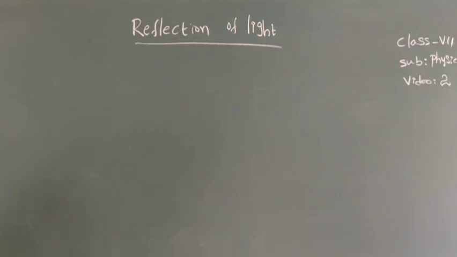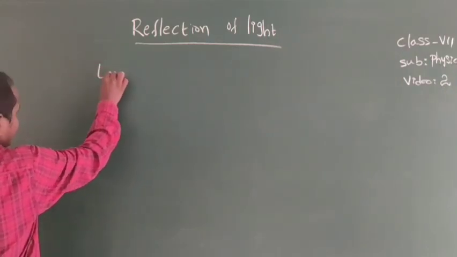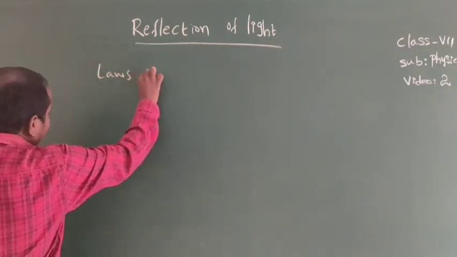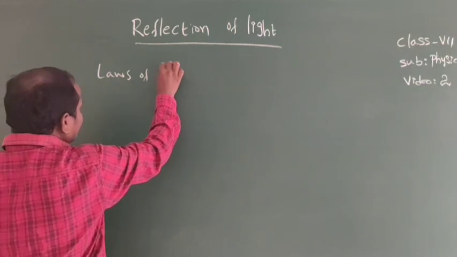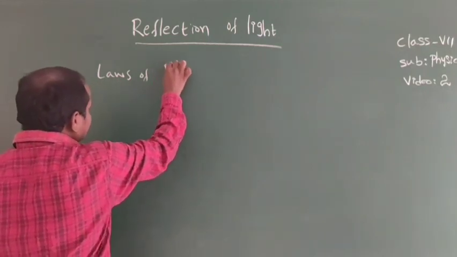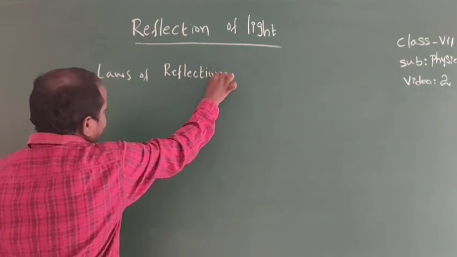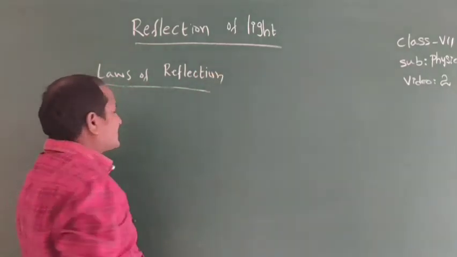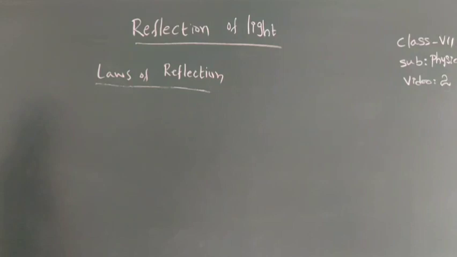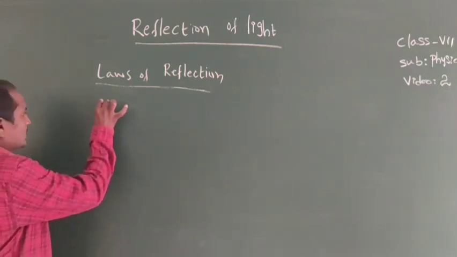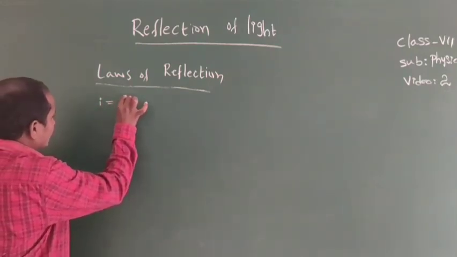In the previous video, I explained the laws of motion. So here is table 1. Listen once again. Laws of reflection. The first law: the angle of incidence is equal to the angle of reflection.